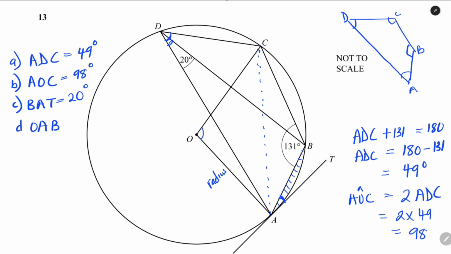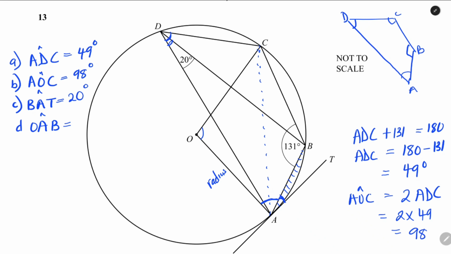And finally, angle OAB. If you take a look at angle OAB, this is just the rest of this angle here. Angle OAB seems to complete the angle between OAT.